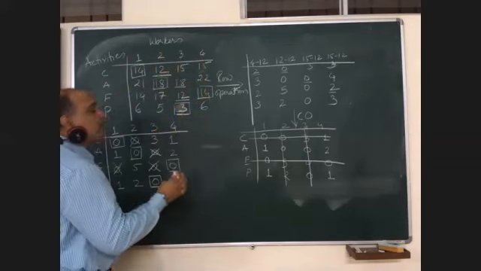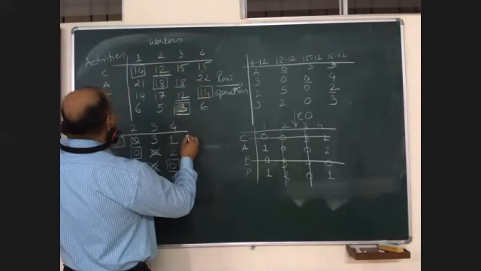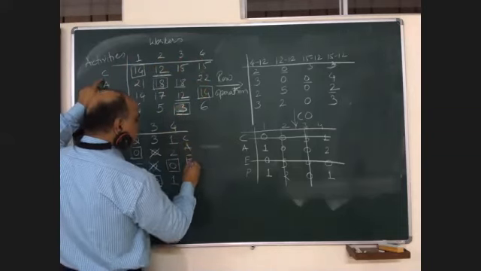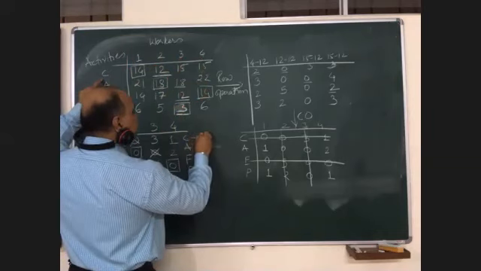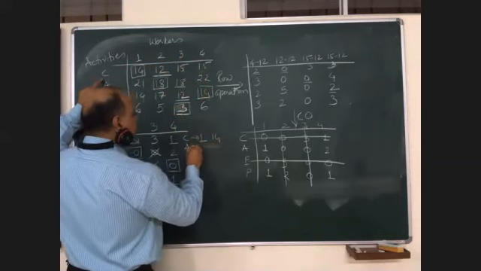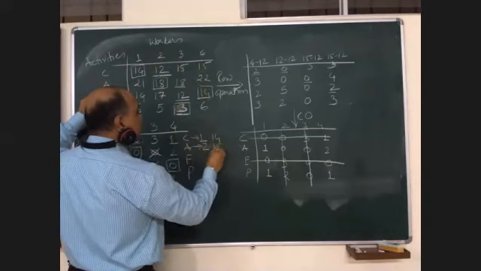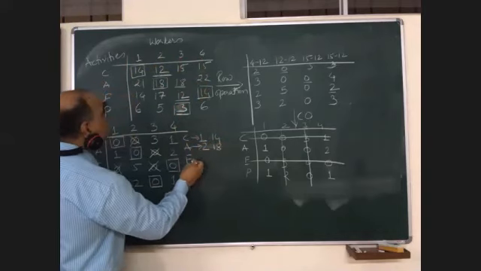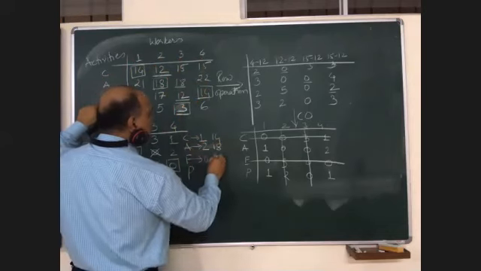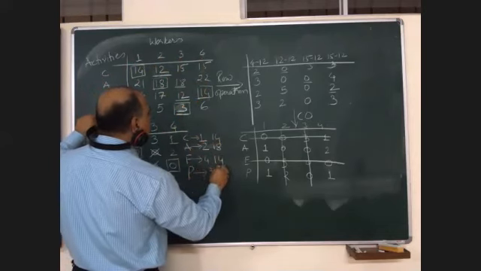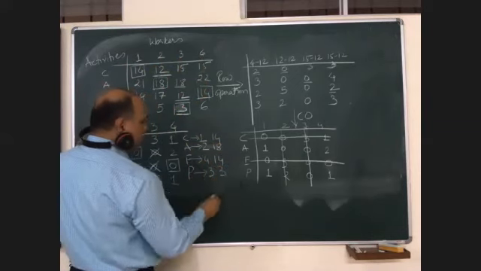And the total cost of assignment is, I'll write C A F P. C is given to 1, cost is 14. A is given to 2, cost is 18. F is given to 4, cost is 14. P is given to 3, cost is 3.